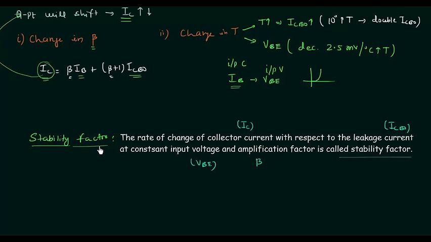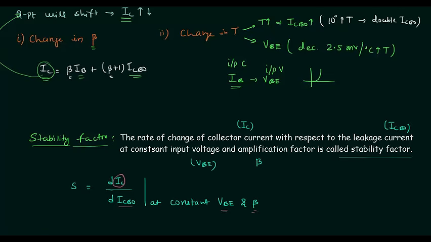The stability factor is denoted by S, and it is equal to a small change in the collector current with respect to a small change in the reverse saturation current at constant VBE and amplification factor beta. So this is the definition of the stability factor, and mathematically stability factor is equal to dIC by dICBO, the differentiation of collector current with respect to ICBO at constant VBE and beta.